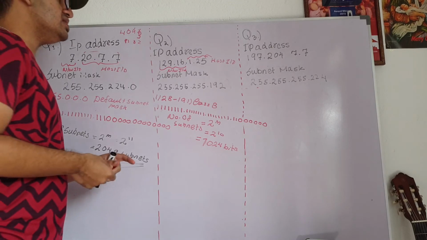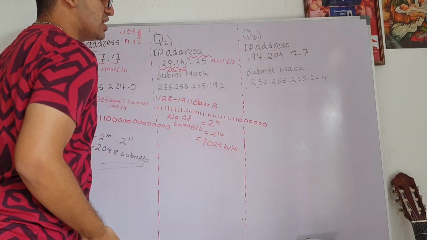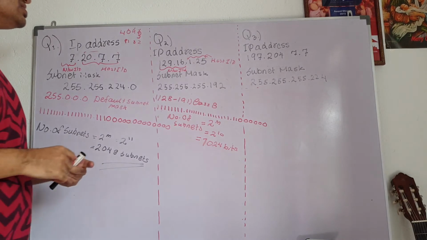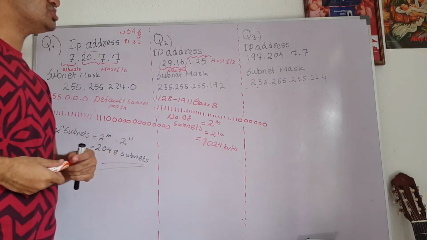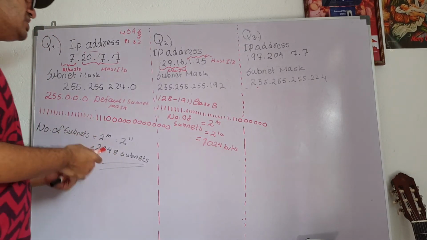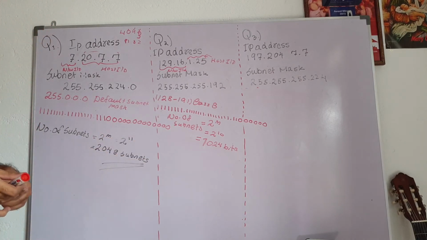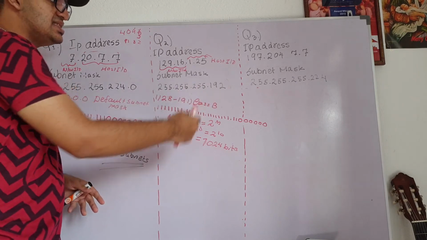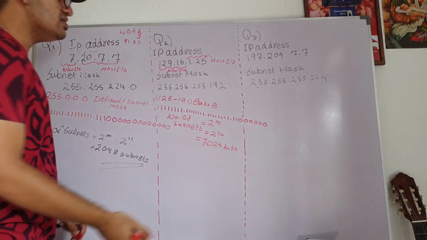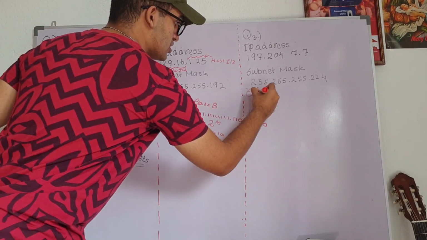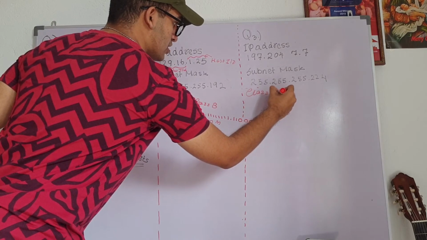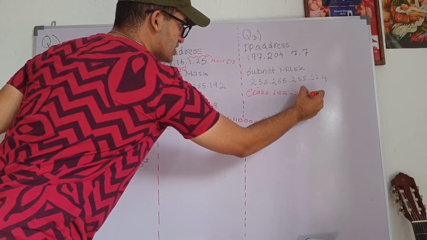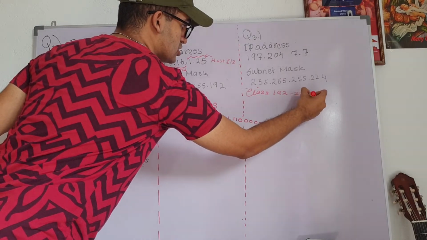Question number 3 has given this subnet mask and this IP address. From this you can know that the first octet does not lie in class A or class B, so it's class C, because class C ranges from 192 to 223.